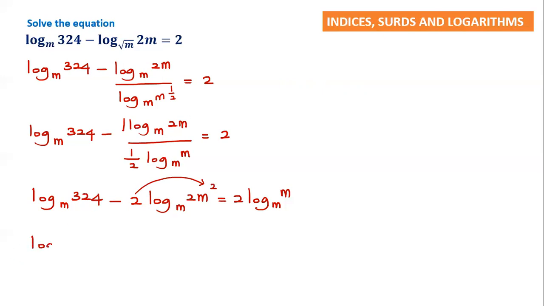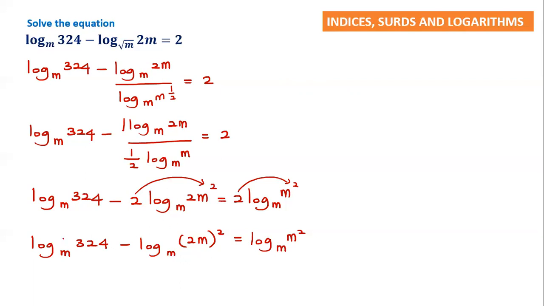Log m 324 minus log m of 2m, with the square, because the square is for the entire thing, right? Equals to, this one also you can bring on top, it's going to be log m 2 square. Got it? Understand? Okay, done.